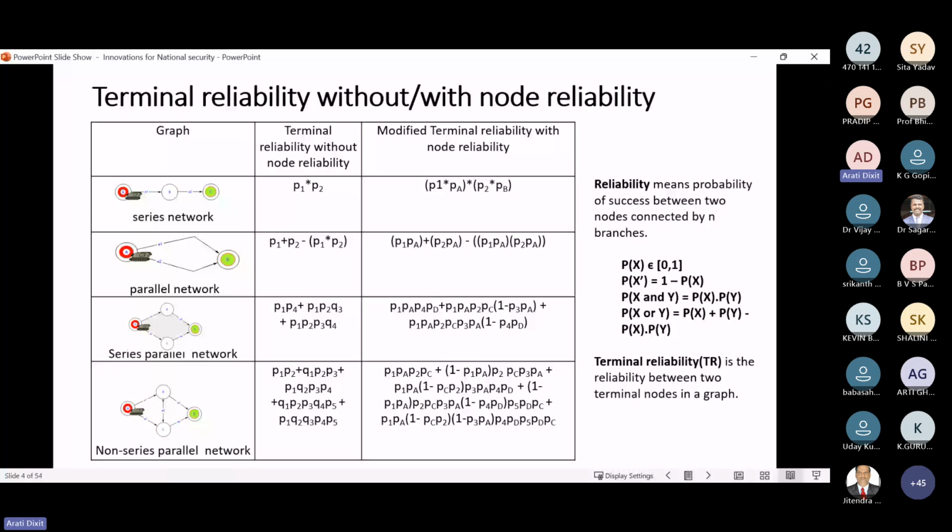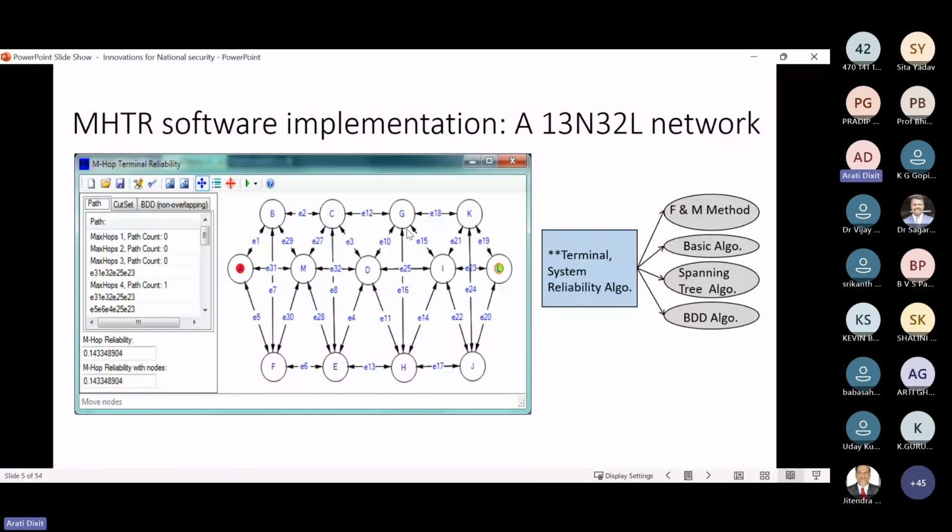So moving forward, the basic method may not serve the purpose, and may become a nightmare if we have a huge network. So we have some different methods proposed, using the FNM method or the basic algorithm that I showed on the previous slide, or spanning tree algorithms or BDD algorithms and so on.